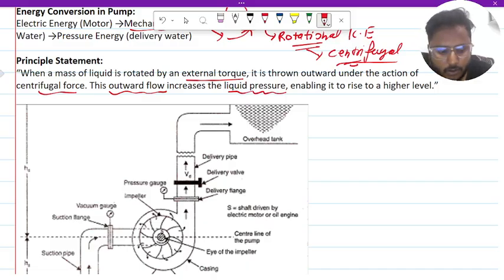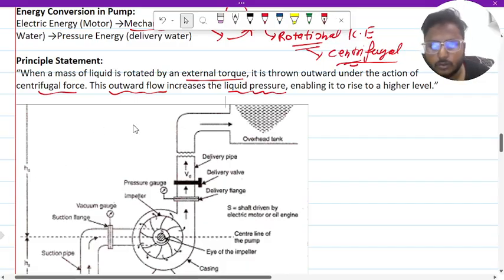The liquid is thrown from the center to the wall, so fluid particles gather at the wall and pressure gradually increases there, but it decreases at the center because there are no fluid particles left. So there is a pressure difference inside the pump.